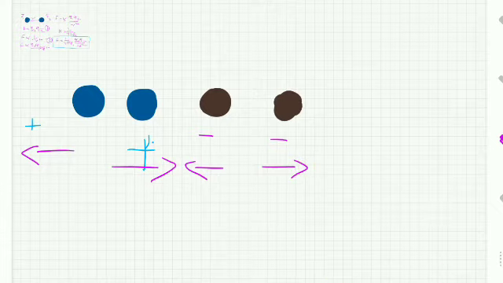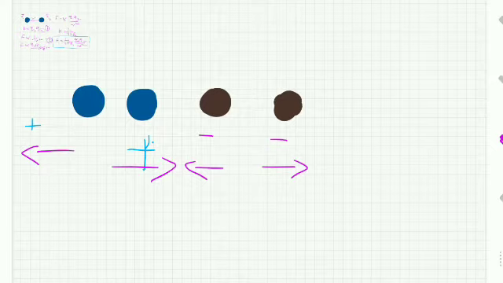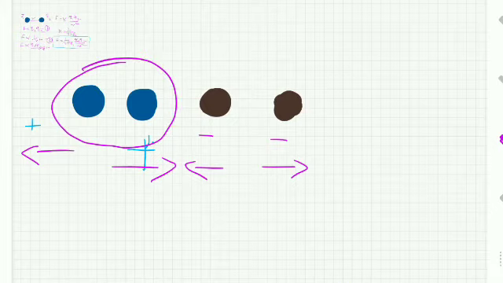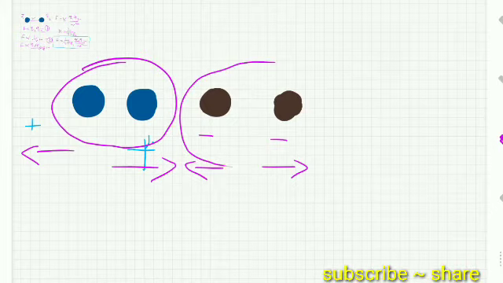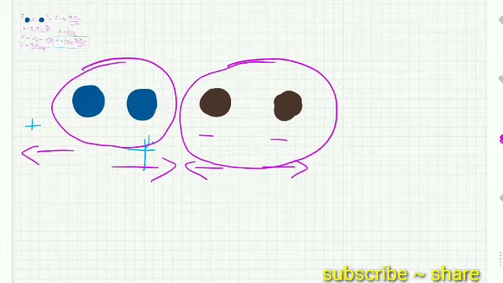Here, between two like charges the Coulomb force is repulsive. Both of these pairs are like charges, and between them the force is repulsive.